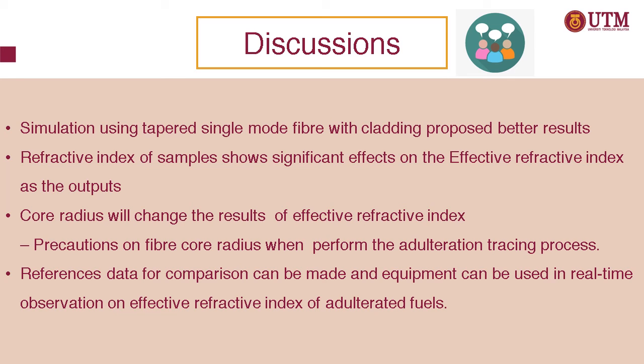However, precaution need to be made on fiber core radius when performing this process, because we saw that the radius can change the result of the ERI. By using this method, we can also make a reference data for comparison, or using this equipment in real-time observation on effective refractive index of adulterated fields.